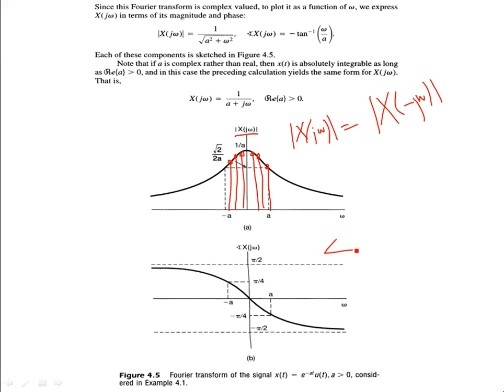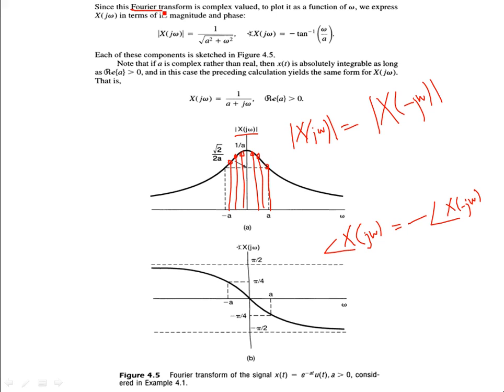That is, if you consider the phase, this is an odd function of omega, right? So the phase function is odd in omega, while the magnitude function is even in omega, and it is symmetric. Why is it symmetric? Because we're dealing with a real signal.